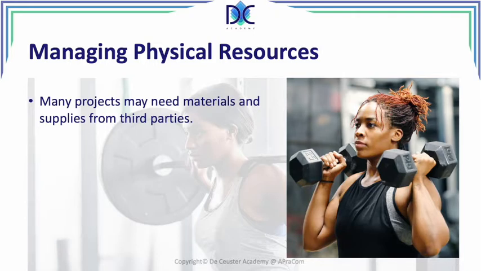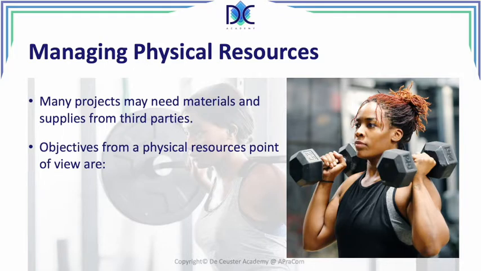For example, in AT&T, we got certain supplies from suppliers, routers, telephone lines, certain equipment that we needed, and we have to manage those physical resources. We need them when we need them in the project. We have to manage them properly.